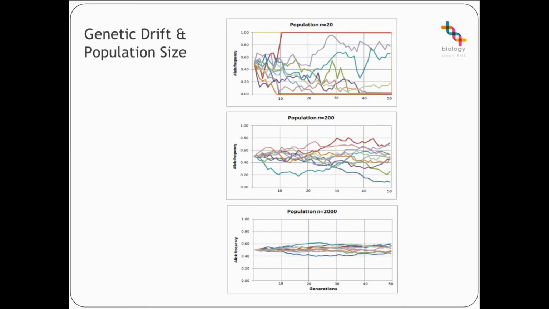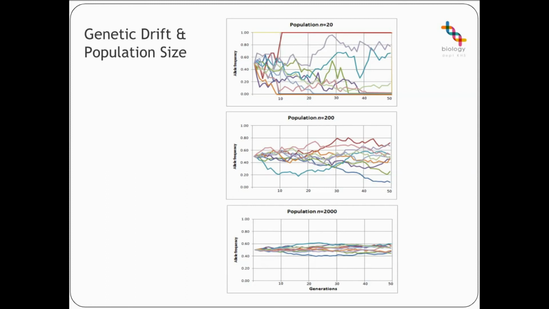Now, when we look at genetic drift, it tends to have a more significant impact where we've got a smaller population. Each of these graphs is showing 10 possible simulations over 50 generations for a hypothetical allele. And that hypothetical allele started at a 0.5 frequency. As you can see in the smaller population, the population where there's only 20, each line indicates a different allele frequency over time.